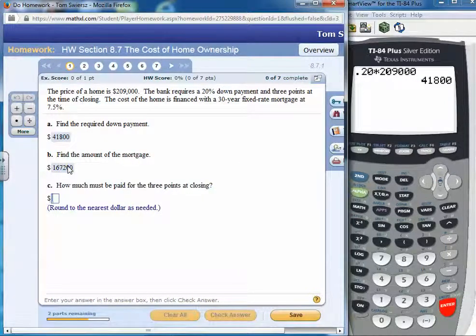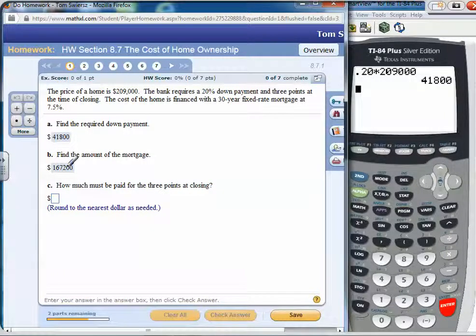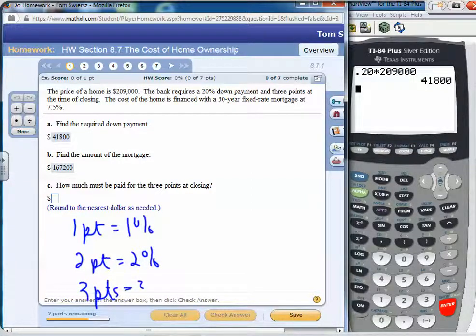How much must be paid for 3 points at closing? Okay, the points are your fee, and each point is a percentage. So 1 point would equal 1%, 2 points would equal 2%, and in this case, 3 points is equal to 3%. As a decimal, move it over 2 places, 0.03.